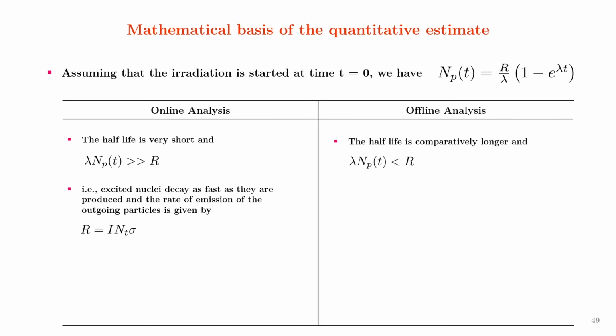In the offline case, the half-life is comparatively longer, and therefore lambda times Np(t) is less than R. That is, the excited nuclei decay rather slowly.